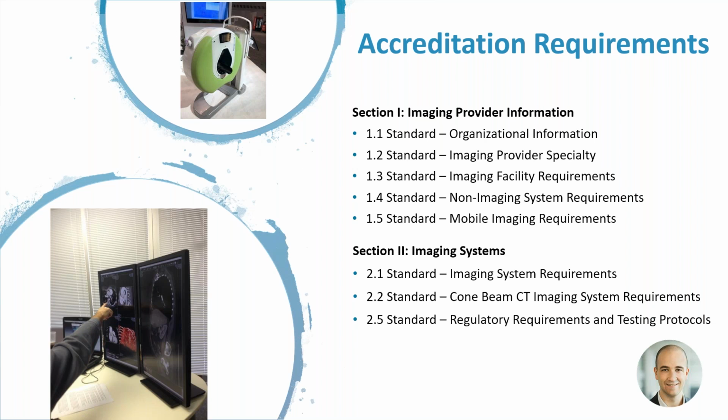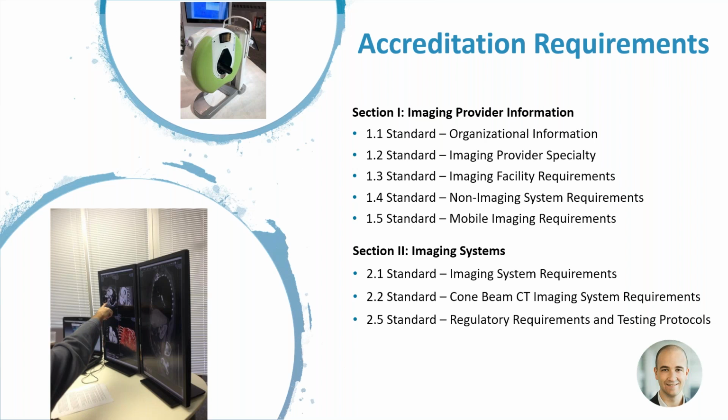And then we conclude with section 1.5, mobile imaging requirements. While not every organization has mobile imaging, we have considered some organizations that do and have put forth some requirements regarding mobile imaging: general requirements, how leasing should be handled, and safety protocols for mobile modalities.